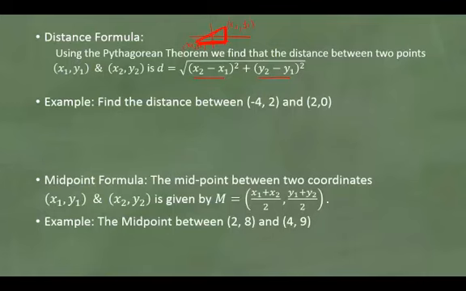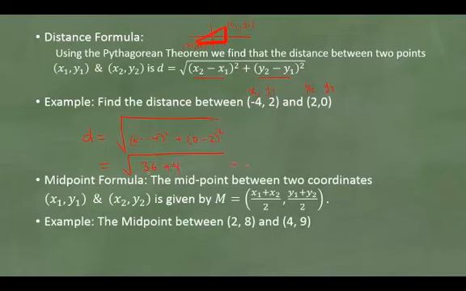So to find the distance between this x1, y1 and this x2, y2, we just use the distance formula. The distance between those points is the square root of x2 minus x1, so 2 minus a negative 4, squared, plus y2 minus y1, 0 minus 2, squared. 2 minus a negative 4, 2 plus 4 is 6, 6 squared is 36. 0 minus 2 is negative 2, negative 2 squared is positive 4.